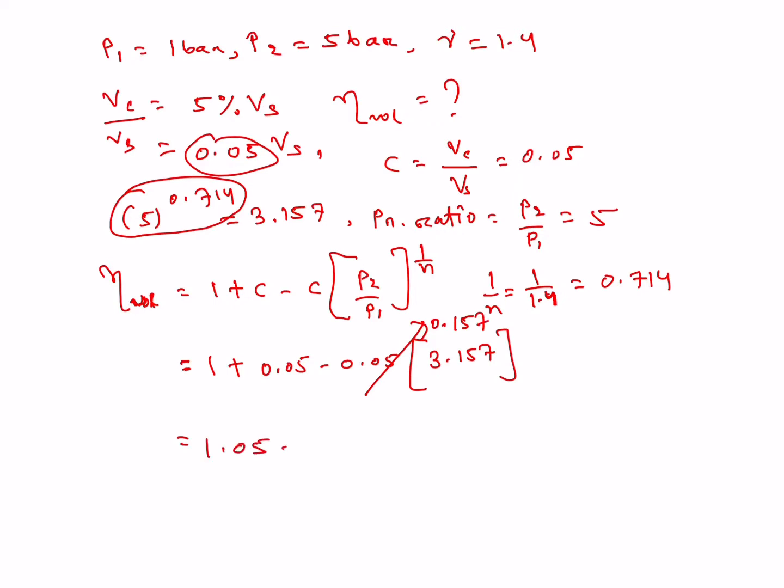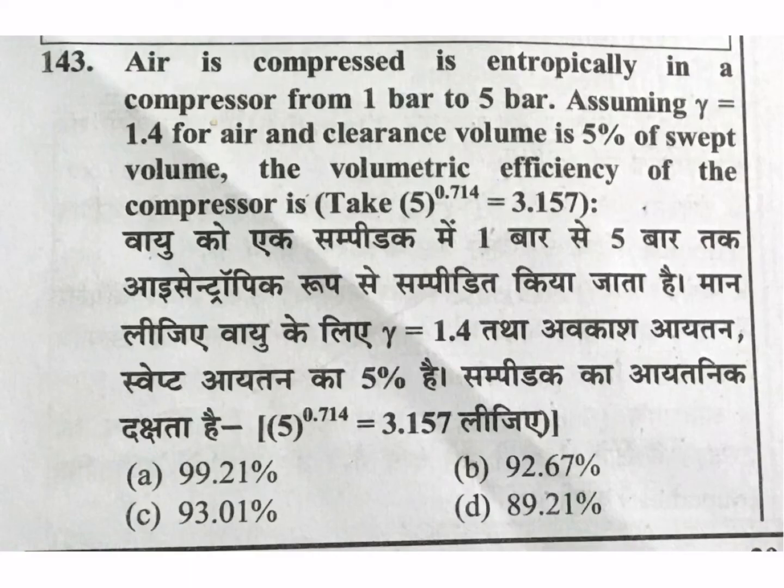So 1.05 minus 0.157, how much will you get? 15 means around 85 you will get. So from the options we will check. It's more than 85, around 89 you will get. D is your correct answer.